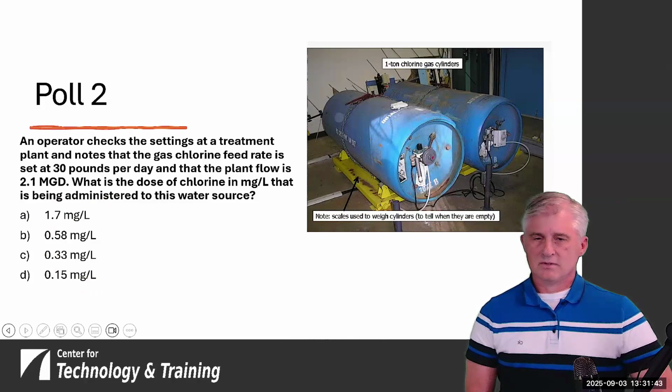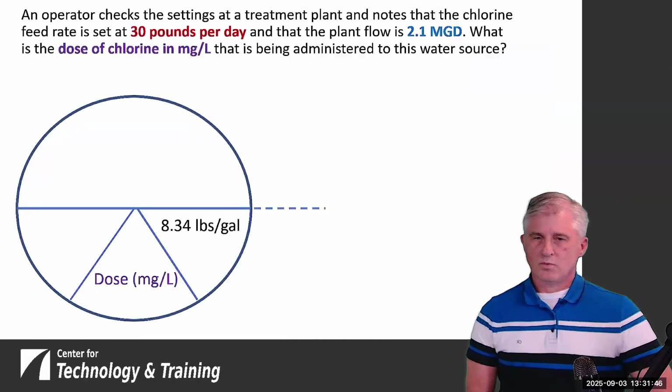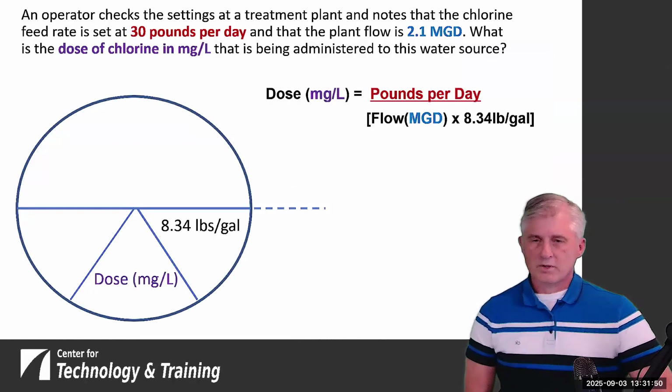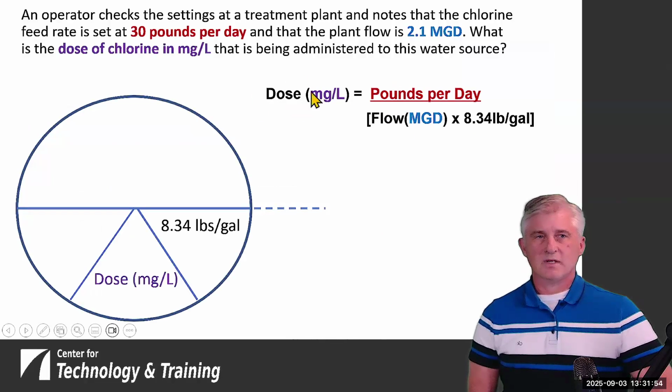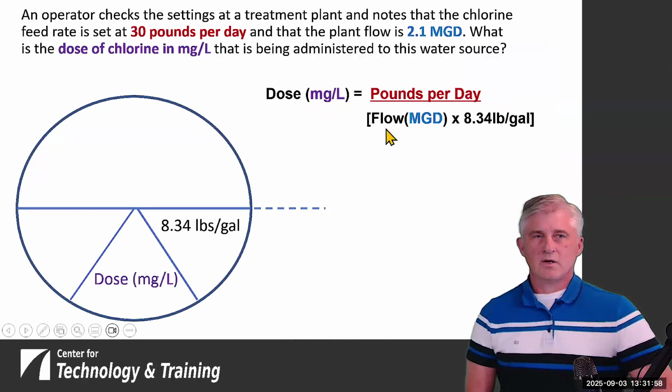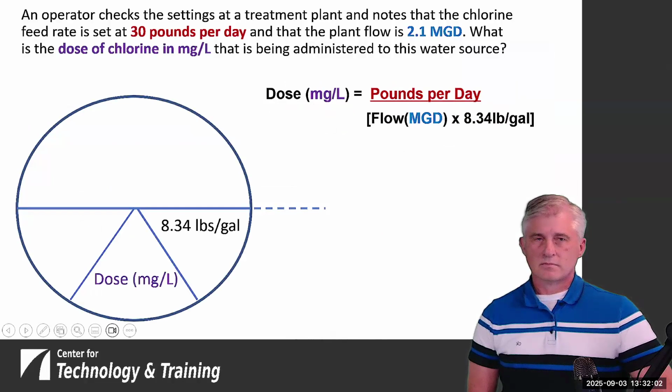So let's go through and see what the response should be. We're using our dose example of the pounds equation. So the dose equals pounds per day over the flow in million gallons a day times the weight of water. We know that our flow is 2.1 million gallons a day.